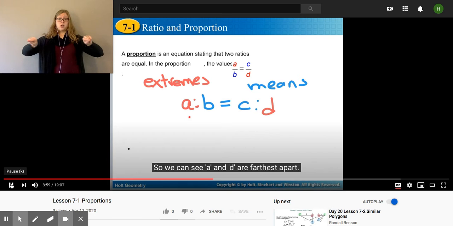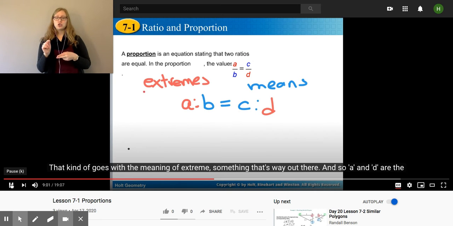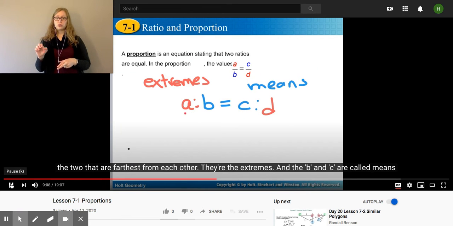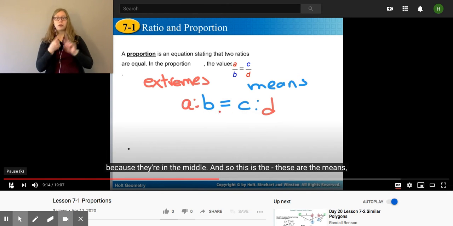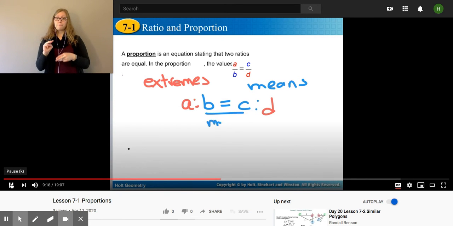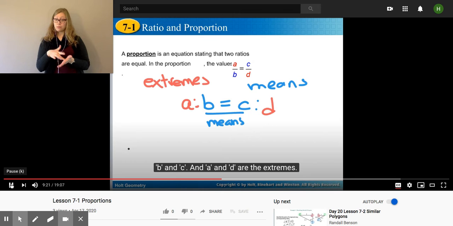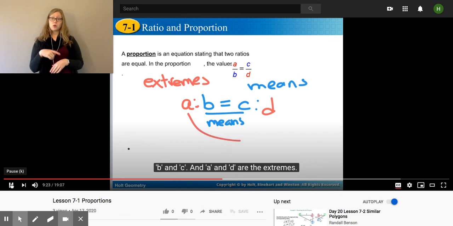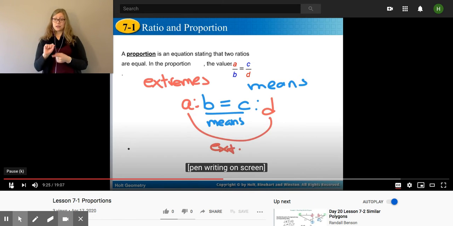So we can see A and D are farthest apart. That kind of goes with the meaning of extreme, something that's way out there. And so A and D are the two that are farthest from each other. They're the extremes. And B and C are called means because they're in the middle. So these are the means, B and C, and A and D are the extremes.